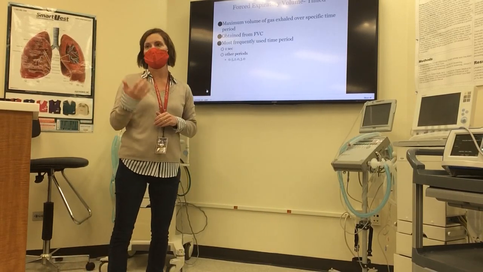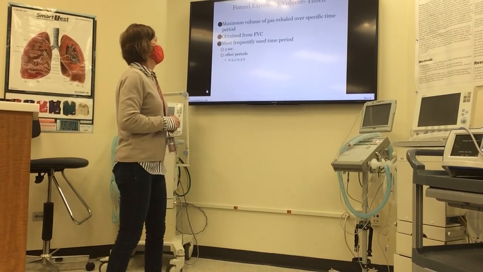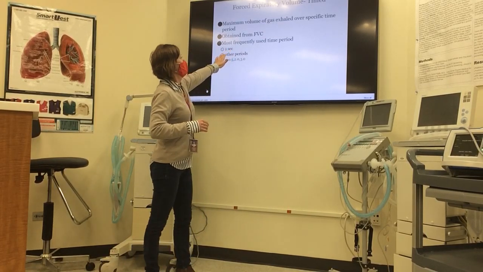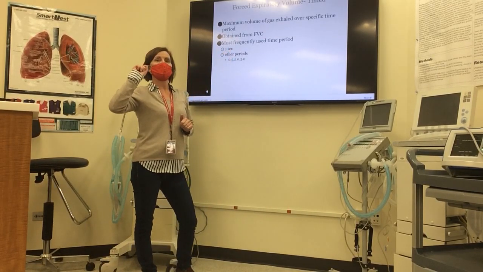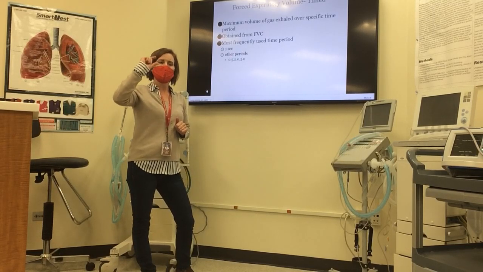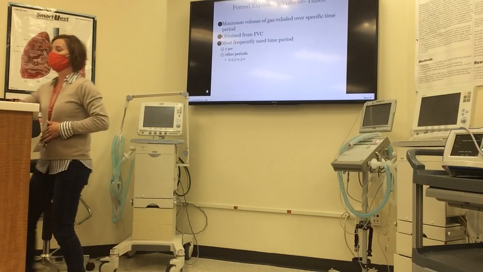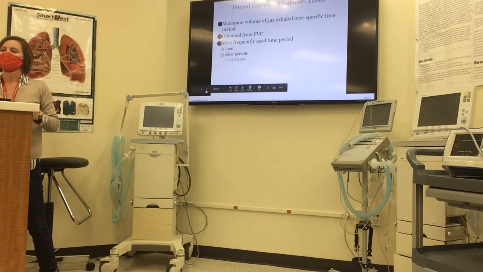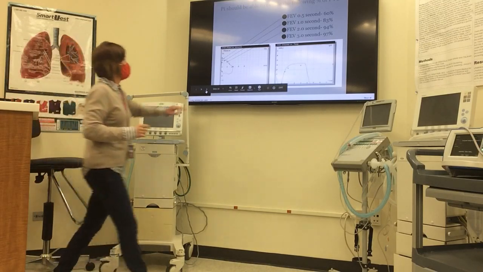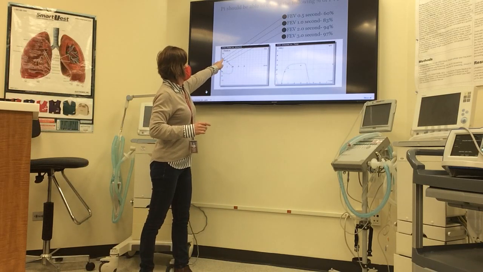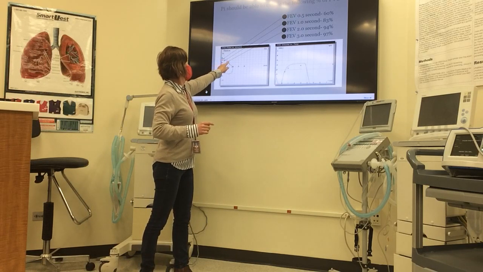An FEV number, okay? So clinically, the most common one is looking at the patient's forced vital capacity and then looking at that first 1 second, and we can see how much volume was forced out. Okay, so that same loop here, the FEV1.